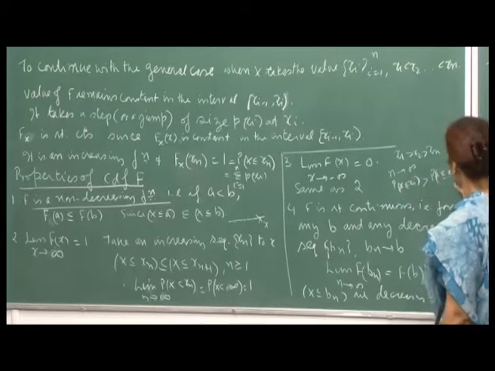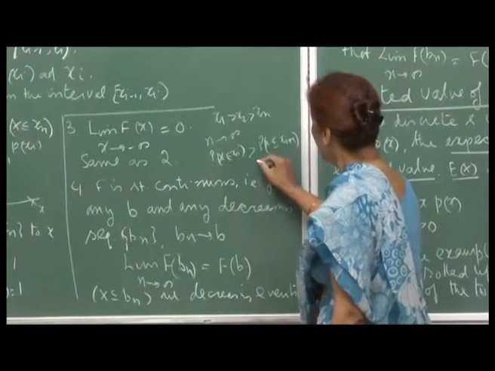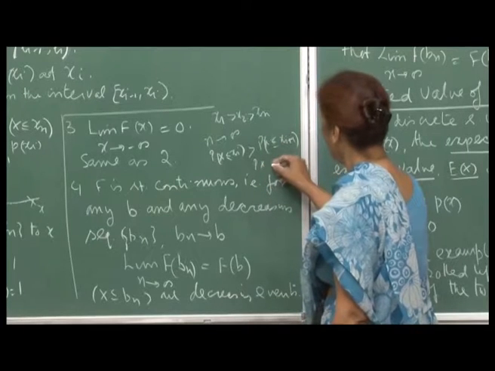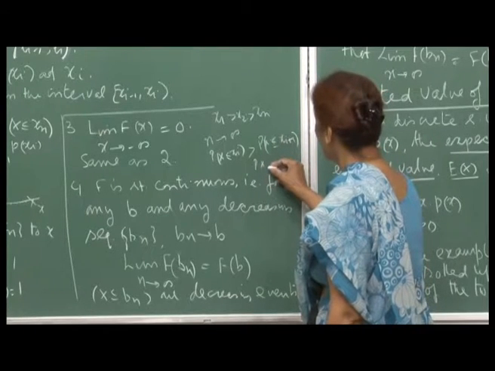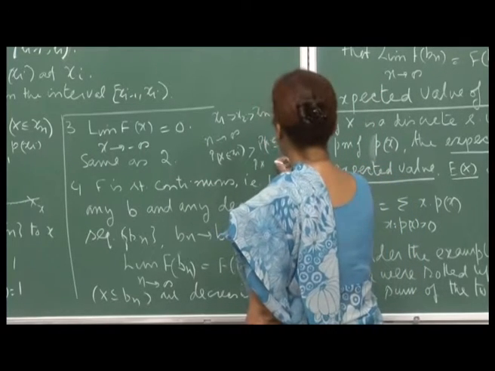So this will finally converge to the probability of X being the empty set.